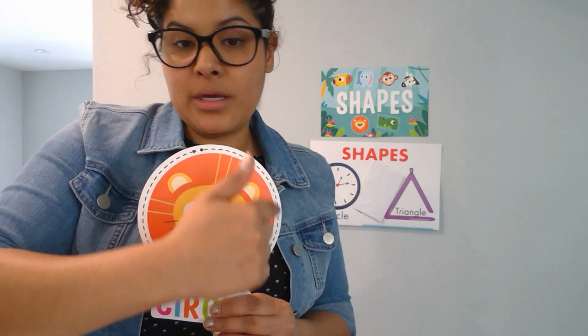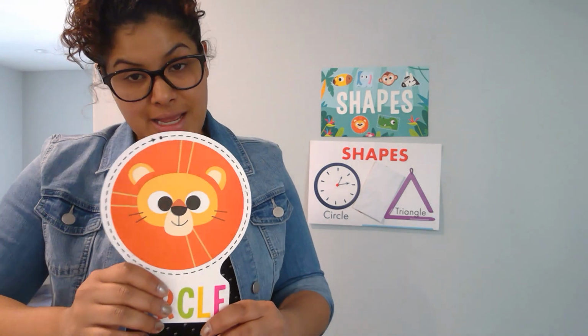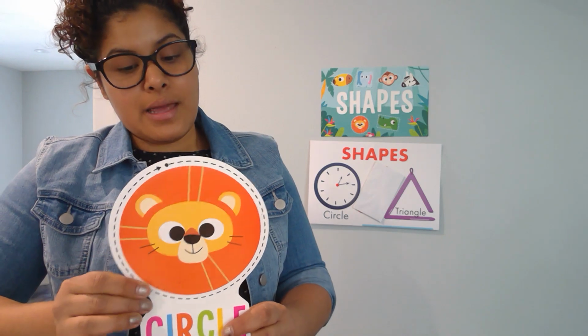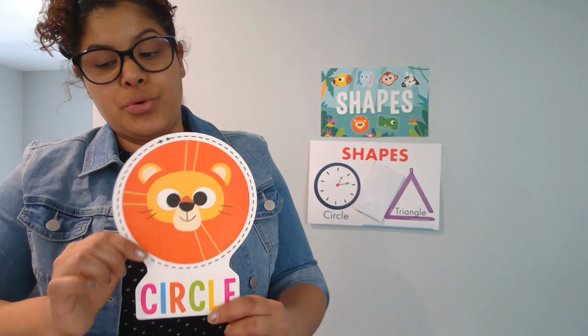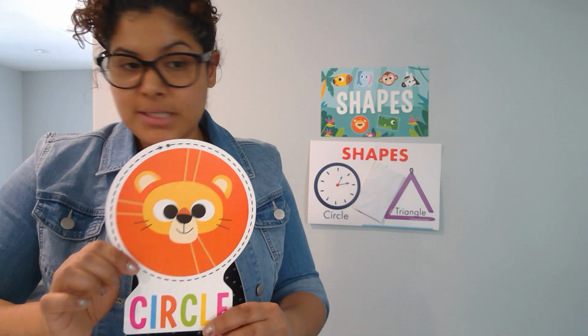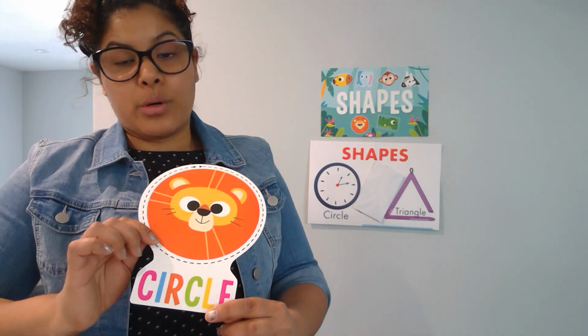And because our line doesn't really meet anywhere, it just continues going on and on. It has no sides and no vertices. And that's what makes the circle so unique. It has 0 sides and 0 vertices.